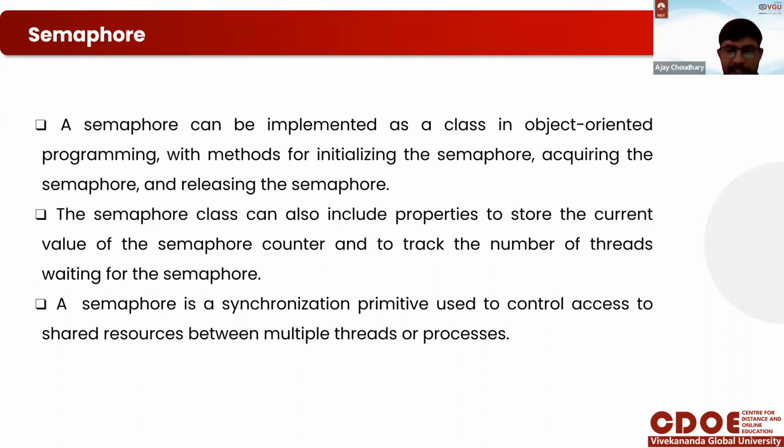So this completes the theory for when we have only 5 processes at a moment to the processor. We put the counter to track the number of threads waiting for the semaphore. A semaphore is a synchronization primitive used to control access to shared resources between multiple threads or processes.